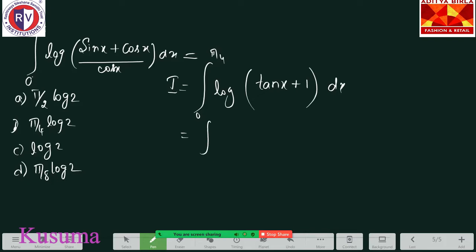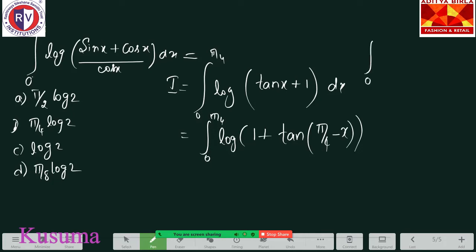So now this will be the integration from 0 to pi by 4 of log of 1 plus tan of (pi by 4 minus x). Here we have the property that integration from 0 to a of f of x is equal to integration from 0 to a of f of (a minus x) dx.